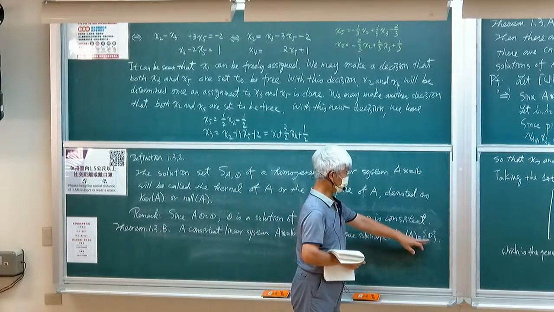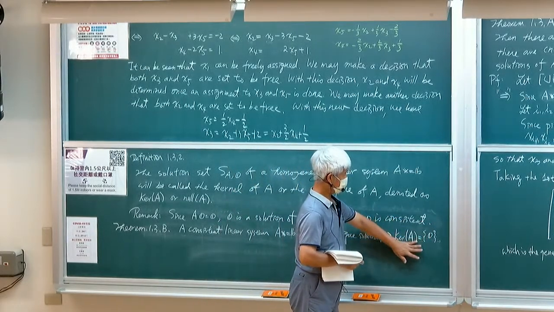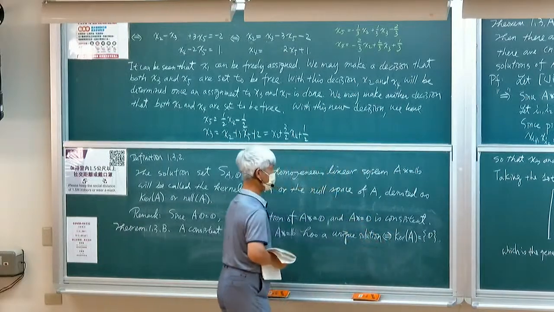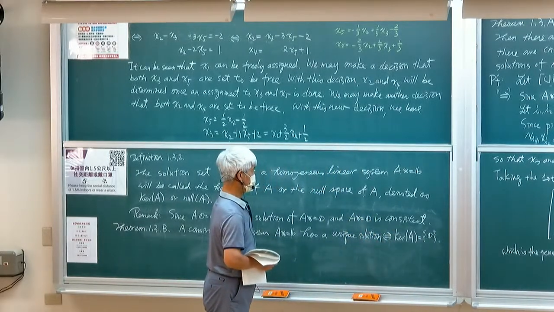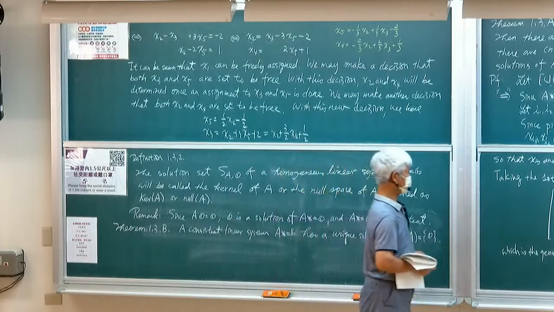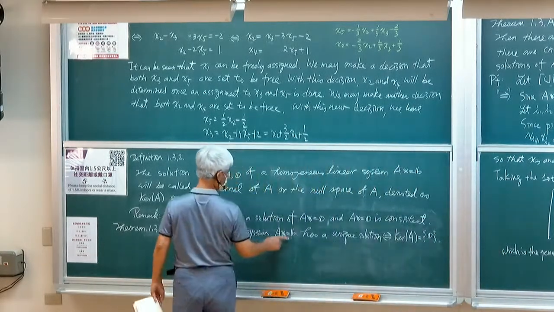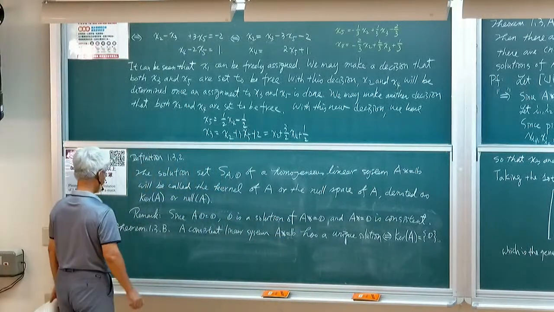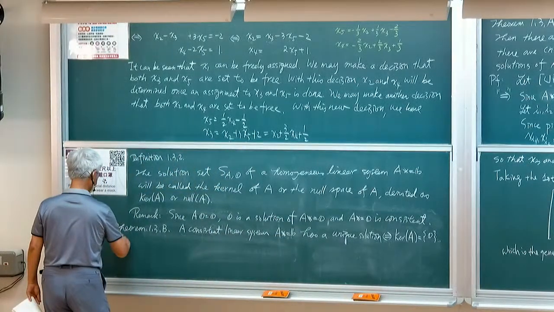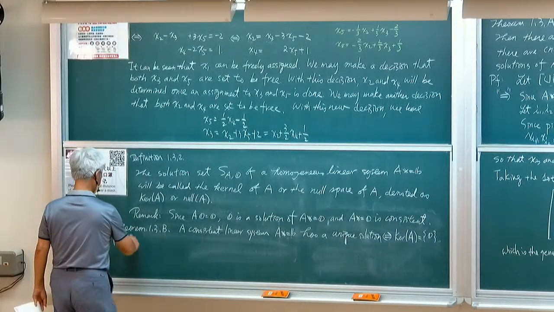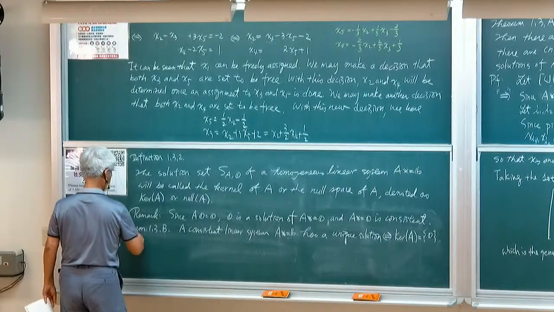So if we have another solution there, okay, then you see that we have at least 2 solutions for Ax equal to B. So if you want to have a proof, here is the way to show it.